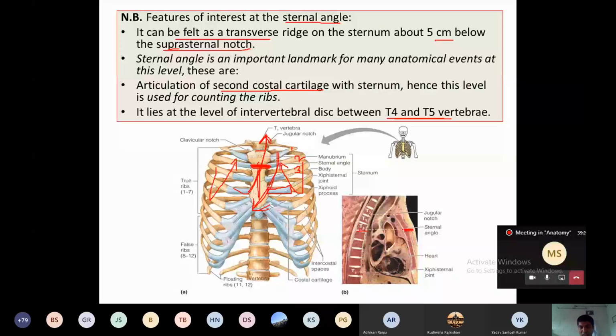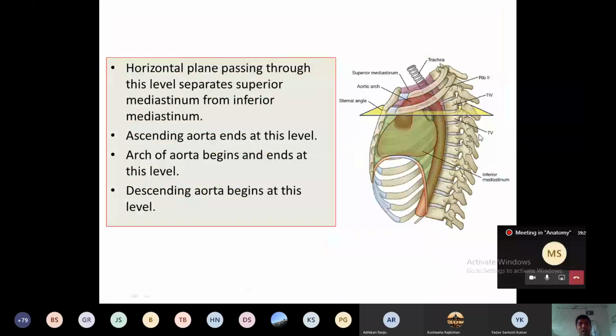So the sternal angle lies at the level of the lower border of T4, and we can imagine a horizontal plane at this level.